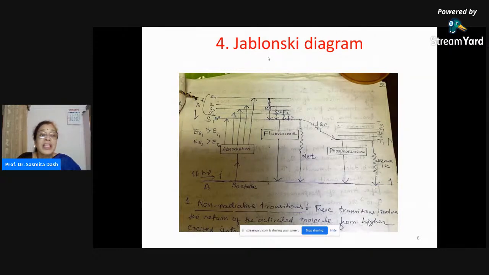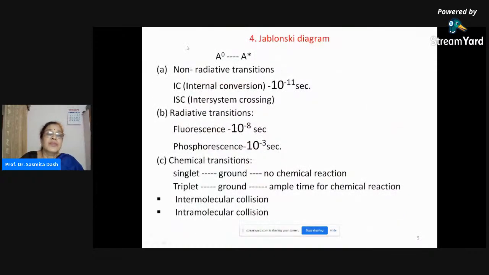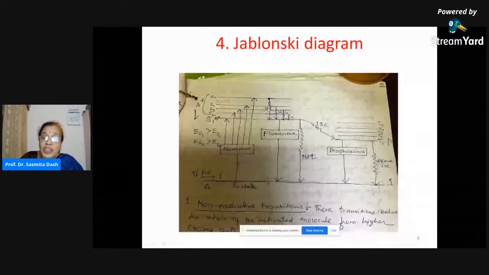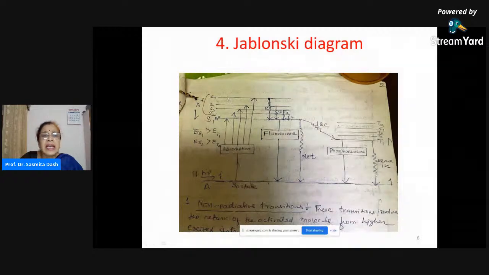For this, the first category is non-radiative transition. This can occur in this way. We have the molecule present here and it will come via the internal conversion process to the lowest singlet excited state. This is S1. So whatever the state S2, S3, S4, Sn, all these molecules present in the excited states would like to come down to the S1 excited state.